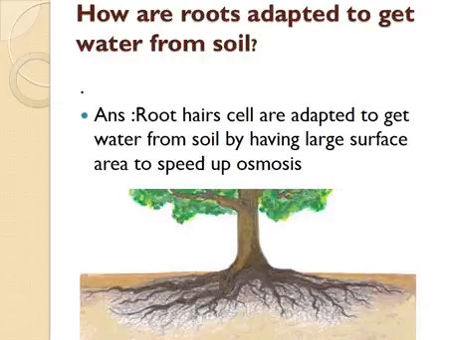The answer is, root hair cells are adapted to get water from soil by having a large surface area to speed up osmosis. You can see in the figure that the tree has a large area covered with roots. What it means is that wherever there are roots, there are chances of osmosis.